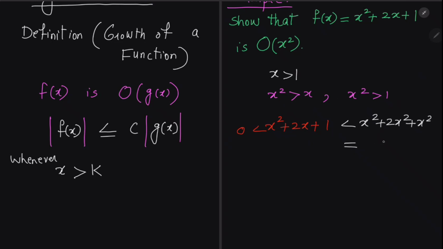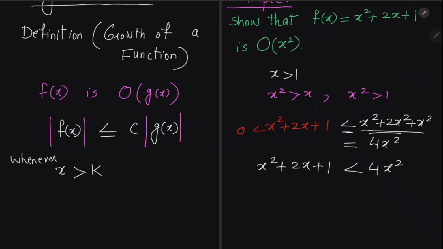This will be equal to 4x square. Although there is an inequality, since this is just a sum, we can write this as 4x square. So here x square plus 2x plus 1 is less than 4x square.